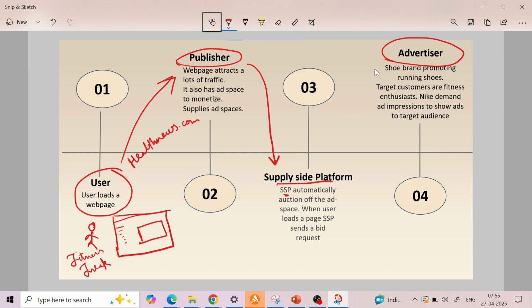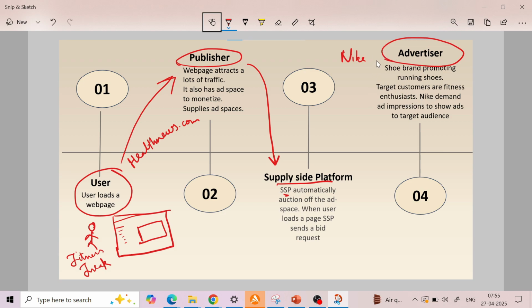Now, there is another player, the advertiser. Consider we have an advertiser like Nike, and Nike is a shoe brand that wants to promote running shoes. The target customers of Nike are fitness enthusiasts.